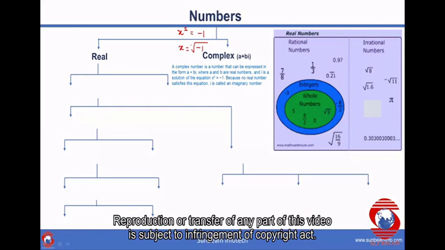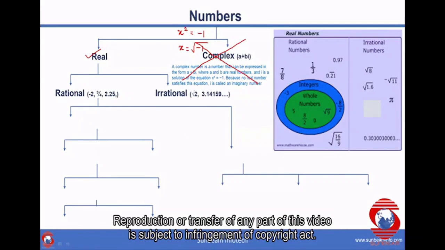So in this scenario, students, in aptitude I'm not going to use complex numbers at all. I will always deal with real numbers, and real numbers have two different subsets: rational numbers and irrational numbers. What is a rational number?